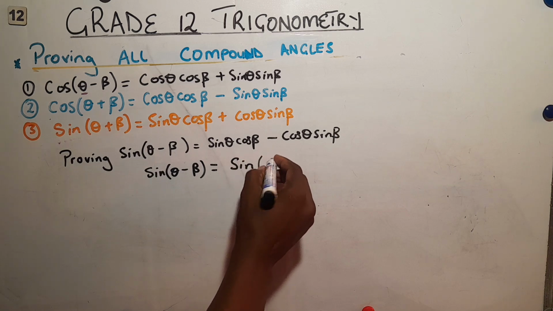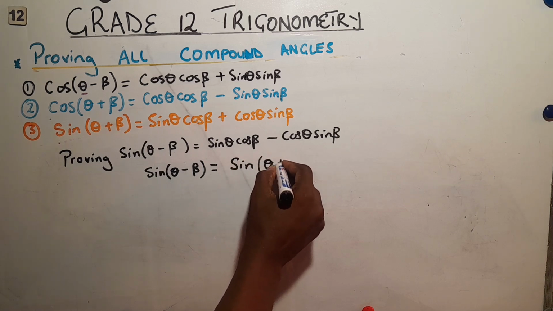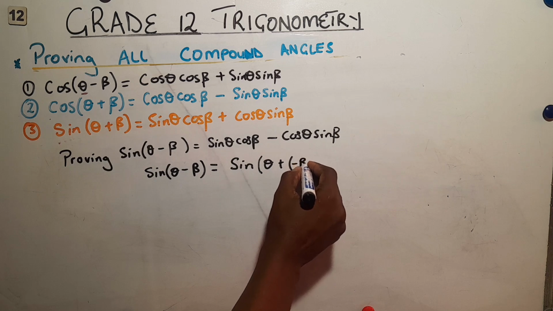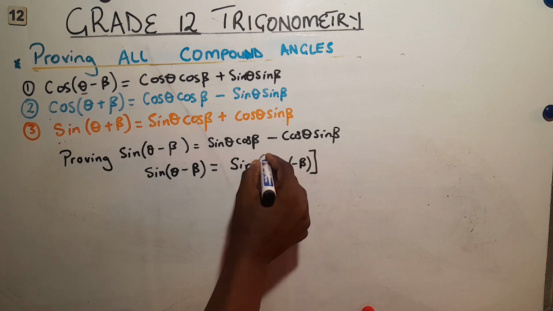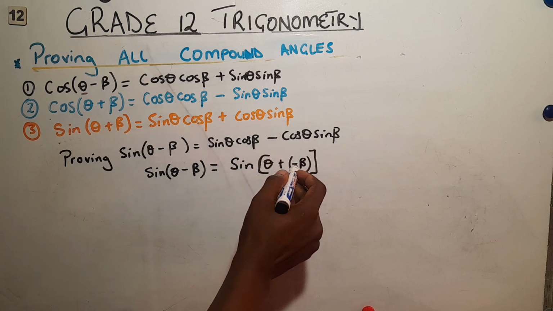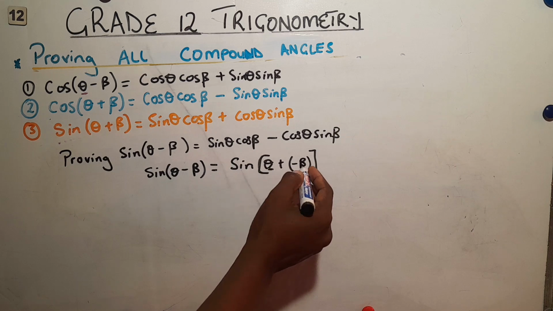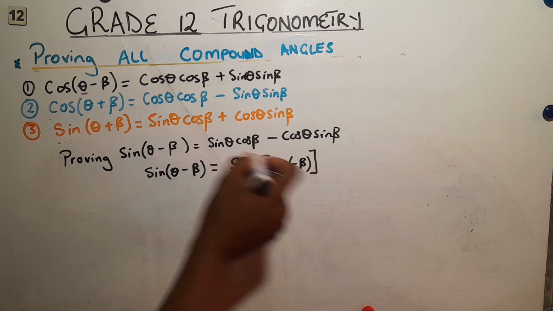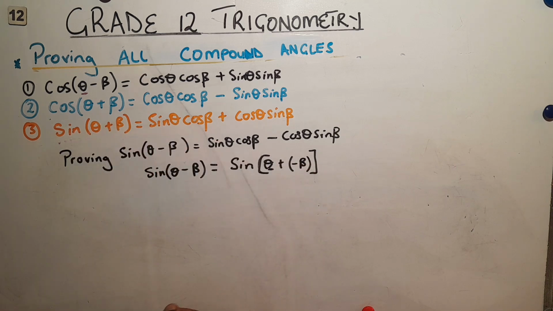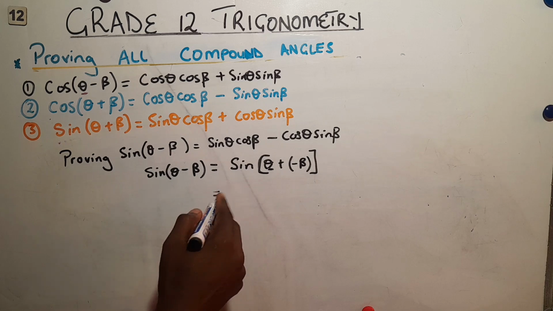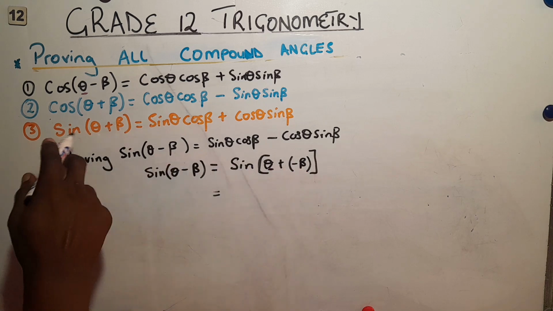this is exactly the same as sine of theta plus negative beta, like that. So which the positive multiplied by negative brings us back there. So we didn't change anything, it is still the same thing, right? So now we are going to take theta as theta and this negative beta as this second angle, right? So this will be equivalent to, we know that sine theta plus beta is the same as that.